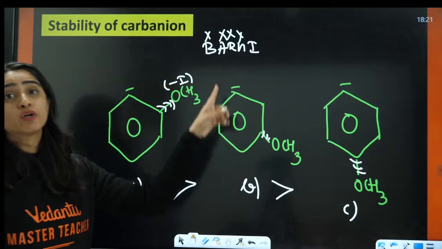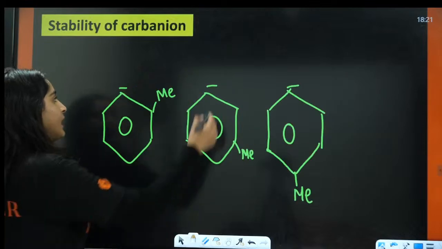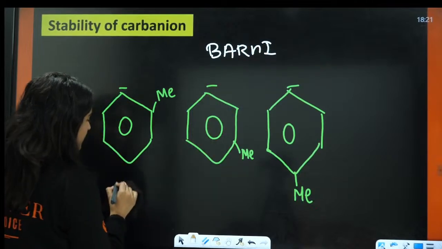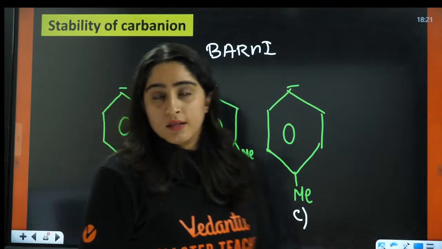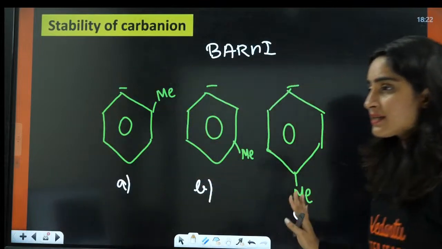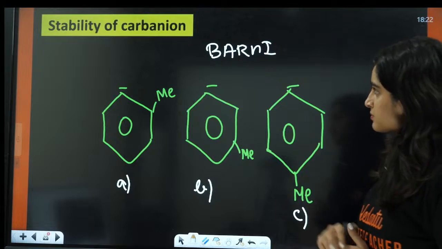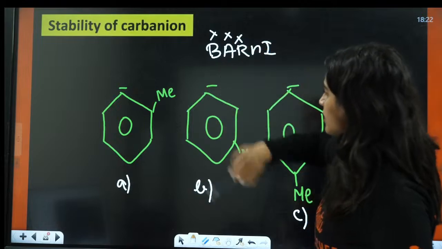For this, you need to know what are all the effects that are taking place here. Now answer this. This is A, this is B, and this is C. What is the deciding factor in this case? No back bonding, ma'am. No aromaticity. No resonance, ma'am.